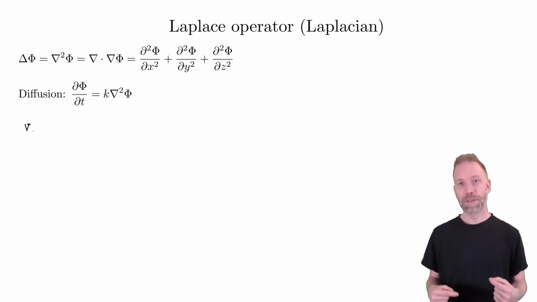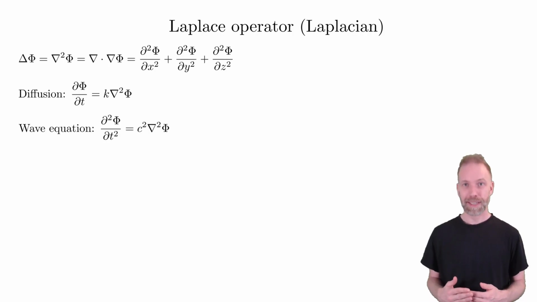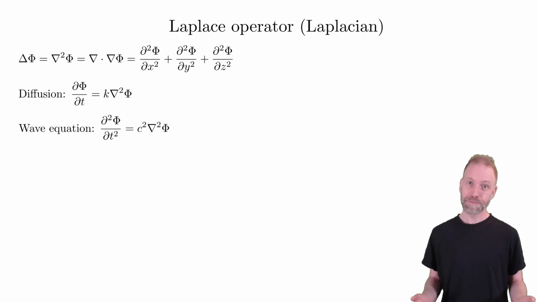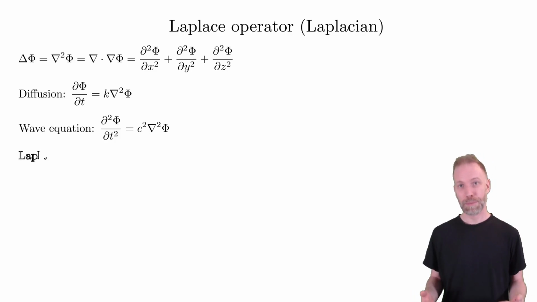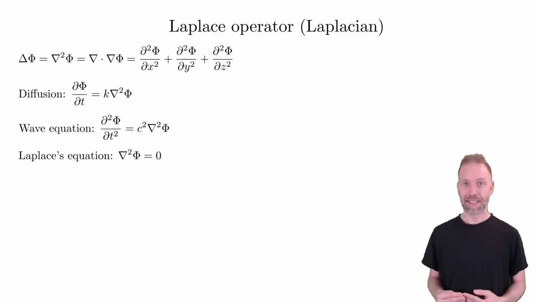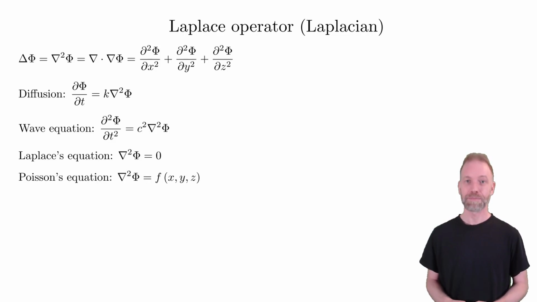To mention some more examples where we have the Laplacian, we have the wave equation. The easiest example is probably the Laplace equation, which states that the Laplacian is zero. Another common one is Poisson's equation, where the Laplacian equals a function.